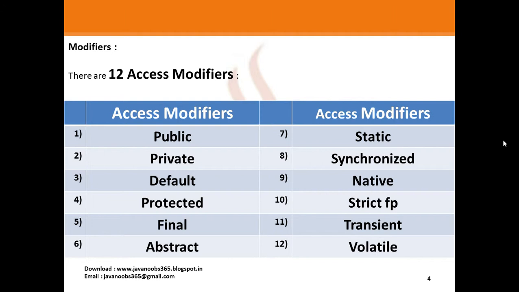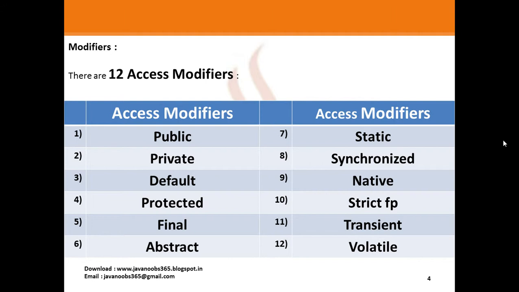Modifiers. Firstly, if anybody asks you what is an access specifier, you just blindly tell them that in Java there are no access specifiers. There are 12 modifiers only. So there's no point in trying to tell anybody what access specifiers are.